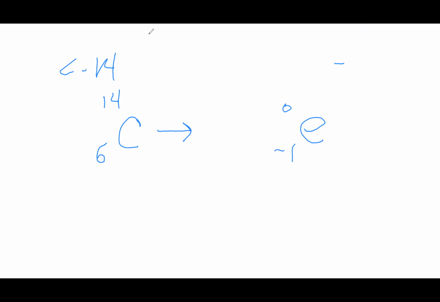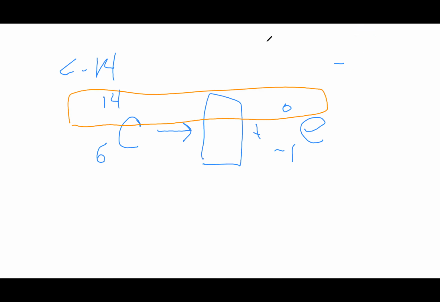Okay, so how do I figure out then what goes in this box, right? What goes in that box? You guys might remember that what we do is we add up the top numbers and the bottom numbers, where the arrow sign is the equals.